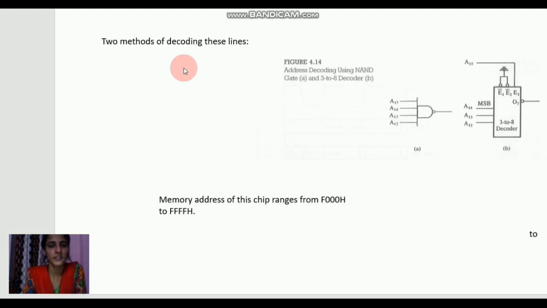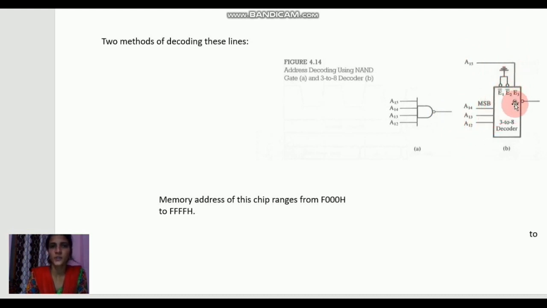We can do chip selection in two ways, either by using NAND gates or we can use 3 to 8 decoders. While using NAND gates, since our chip selection signal is active low, it is active when all inputs A12, A13, A14, A15 are 1. In the decoder, here A15 is used to enable the decoder. A14, A13, A12 together select the output pin, which will be active as it is a 3 to 8 decoder.